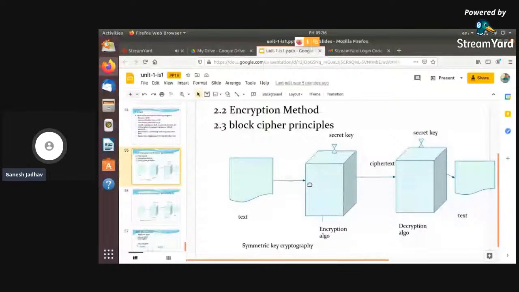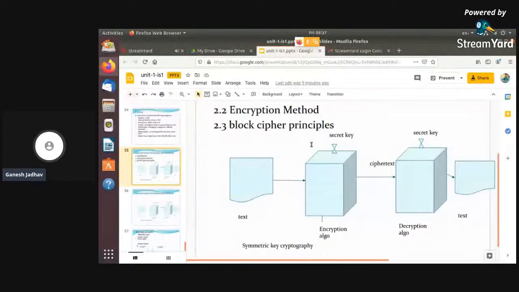When we process the plain text and the secret key using the encryption algorithm, the output is the ciphertext, and the ciphertext can be sent to the destination. When the destination gets the ciphertext along with the secret key, they decrypt the ciphertext and get the actual message. This is the actual method of data transmission.